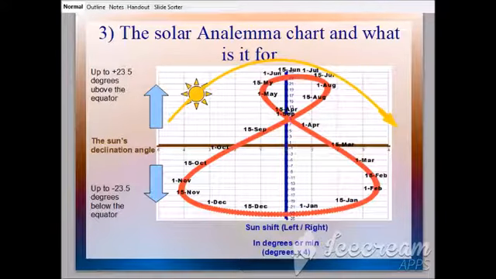Next, the solar analemma chart and what it is for. The solar analemma chart is just the analemma overlaid over a scaled chart. It has a vertical axis and a horizontal axis. The vertical axis is the sun declination angle: at maximum plus 23.5, and at least, at the bottom, minus 23.5.